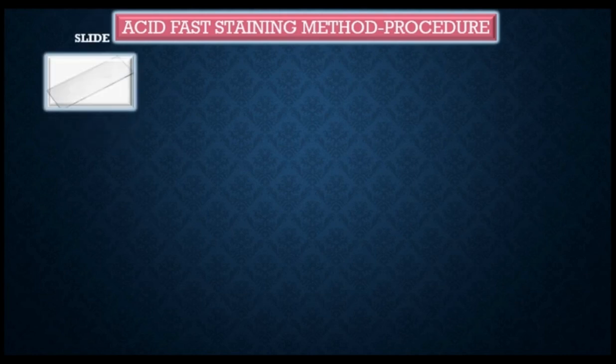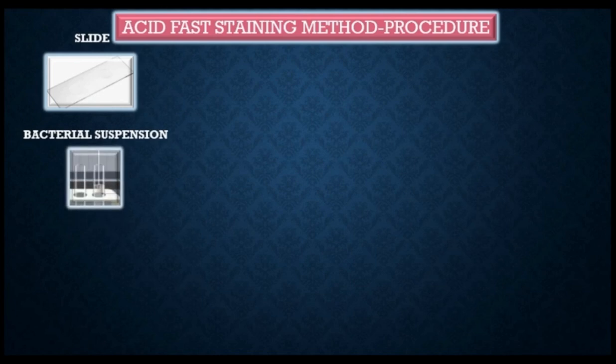Now, let us quickly learn the procedure of acid fast staining method. Just take a clean grease-free slide, and with the help of a loop, you prepare a smear on the slide, and then add ZNCF stain.